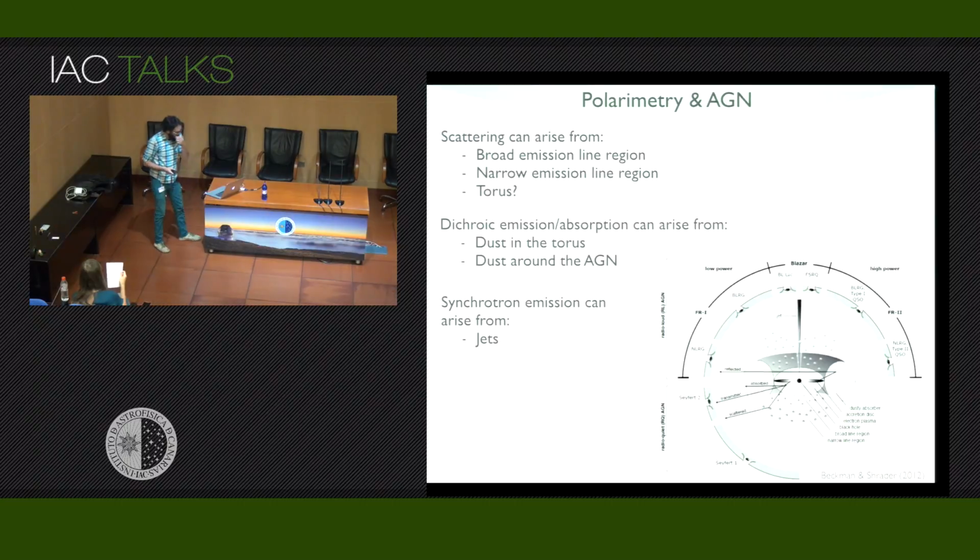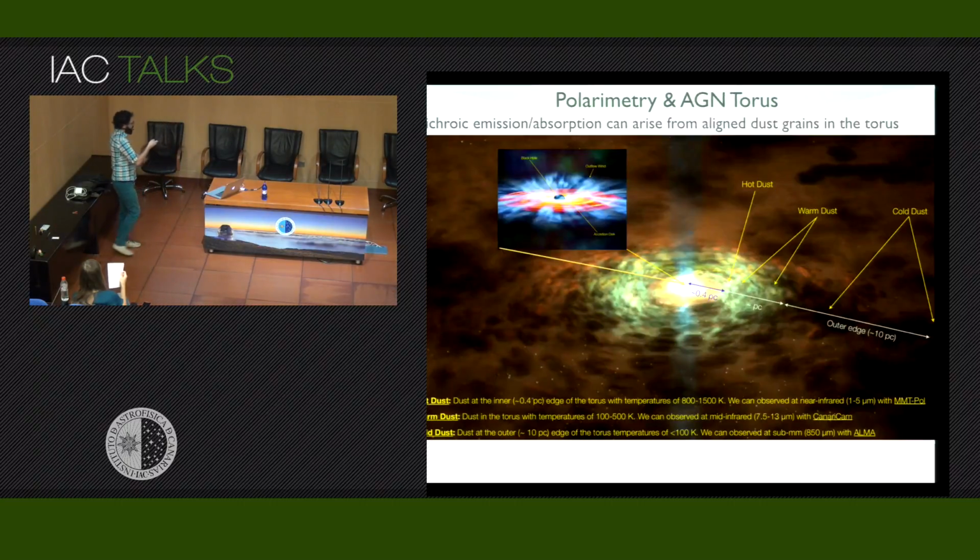In the case of the torus, if we go in deep, we have the central engine: the black hole, accretion disk and this outflow wind at the very center. Then we have this distribution of clumps around, and some kind of magnetic field around the torus.